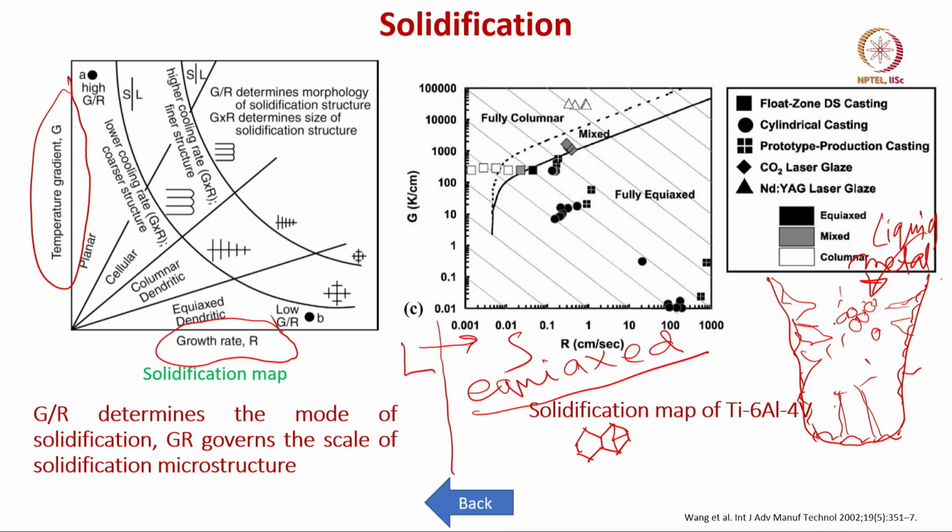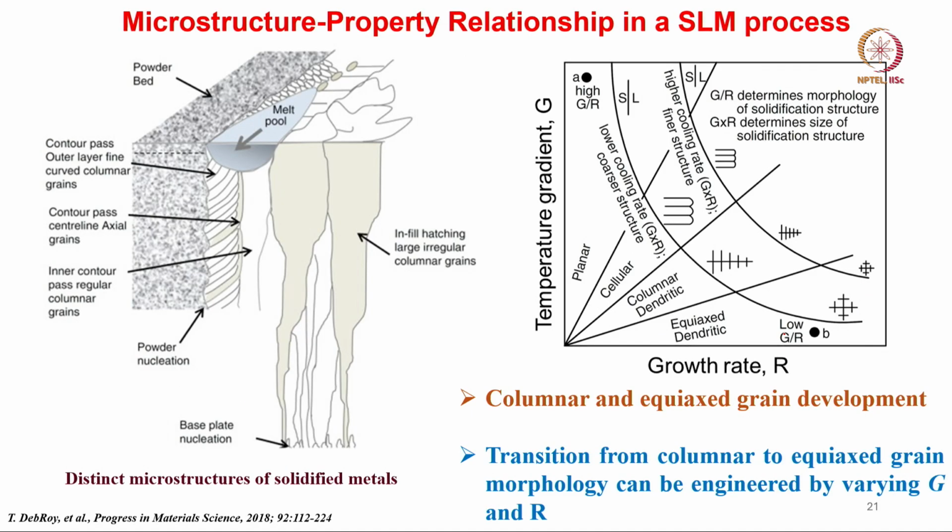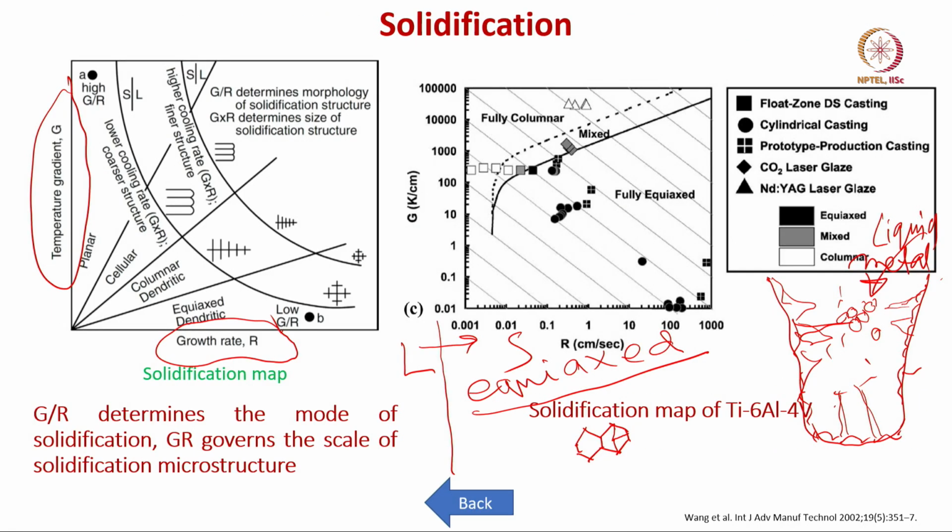Then there are columnar grains. You can see the description of the columnar grain, this is a large columnar grain, right. And these columnar grains are seen in many classical microstructures, and the central region of the mold is again equiaxed grains.